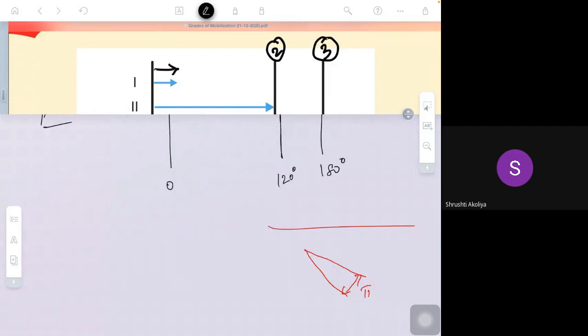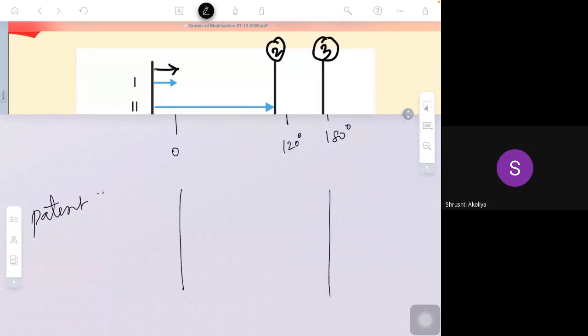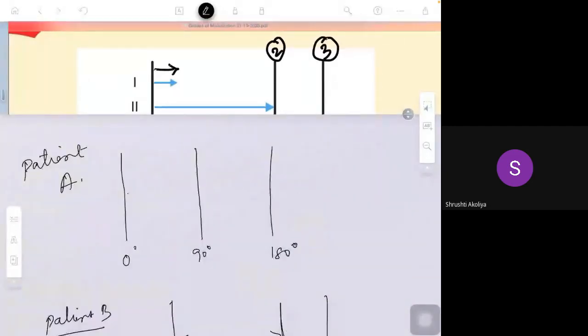And a third example, patient C: if this is 0 and this is 180, and this is the second line, maybe 45 or 50 degree. This is called available range of motion.